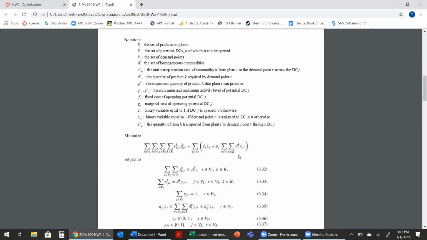What that means is that for each distribution center that we open, we have the fixed cost of opening it, as well as the variable cost of operating it based on the demand points they're supplying.